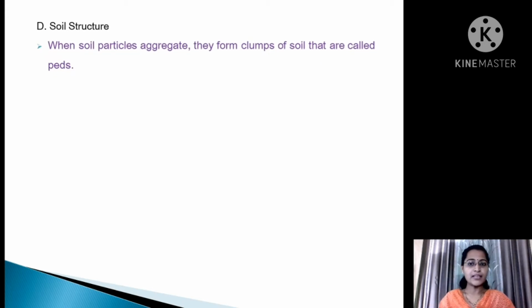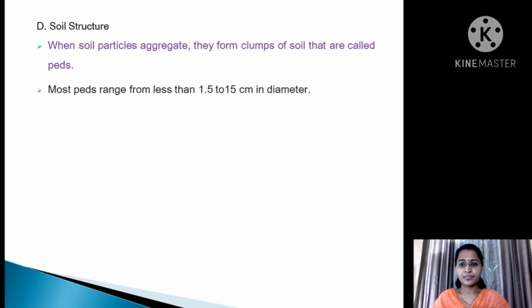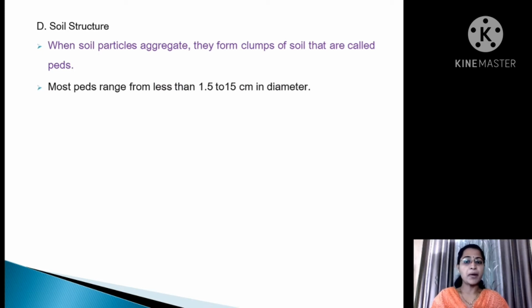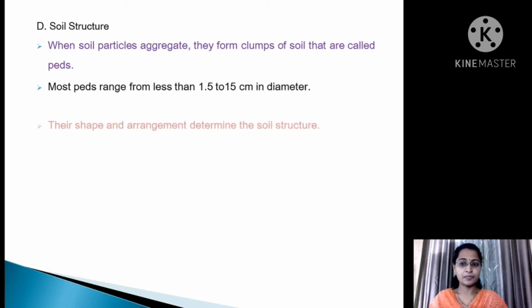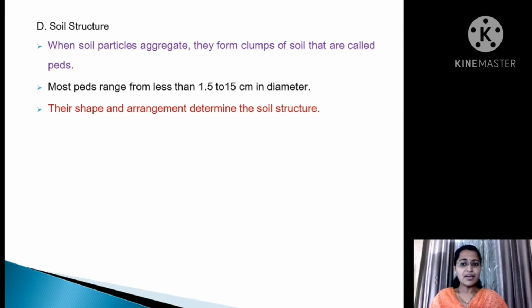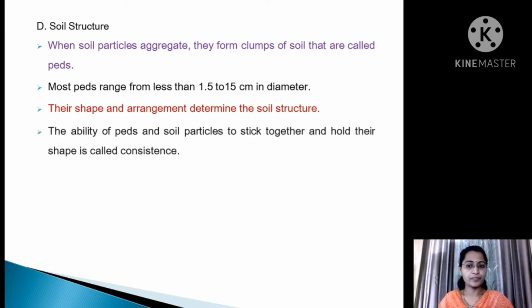When soil particles aggregate, they form clumps of soil that are called peds, and most peds range from less than 1.5 to 15 centimeters in diameter. Their shape and arrangement determine the soil structure.